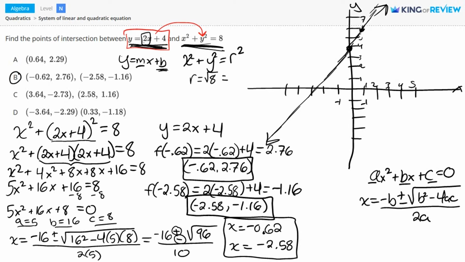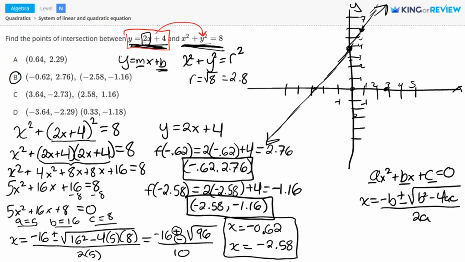And if you work this out on your calculator, it's about 2.8. So this means we have a center of the circle at the origin, and the radius is about 2.8. So we can draw in our circle based on this information.